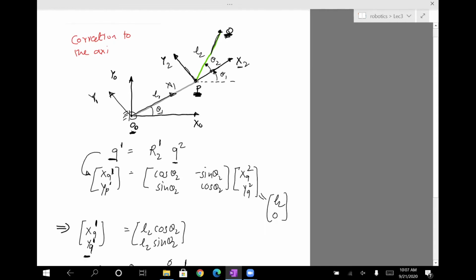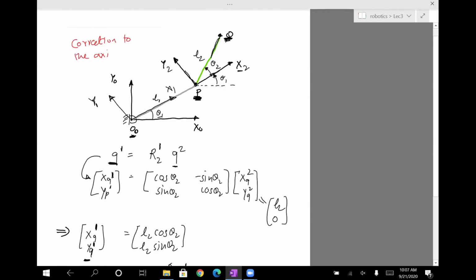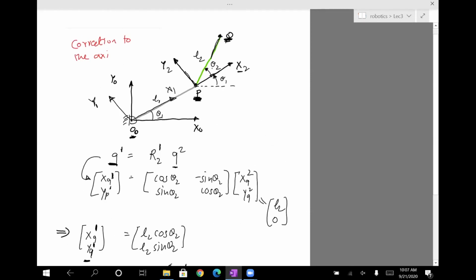And why this is needed is because if you look at this formula for q1, the position of point Q in frame 1 is going to be r21, which is this angle, times the position of q2 in frame 2. So this is where the origin of frame 2 is. So the point Q is a distance of L2, and that's what is over here.